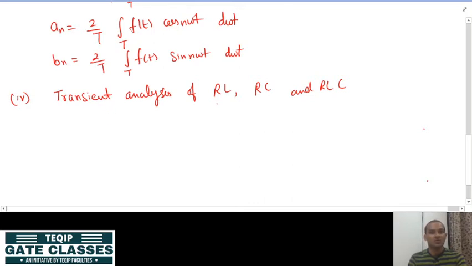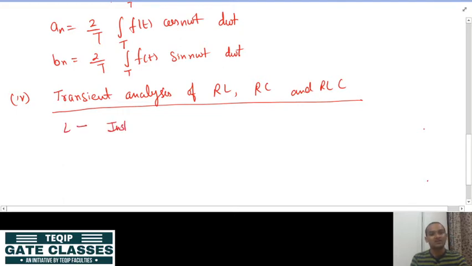Obviously, if you are talking about transient analysis of RL, RC and RLC circuits, then you must know the behavior of an inductor and of a capacitor under switching conditions. We know that an inductor does not allow instantaneous change of current.